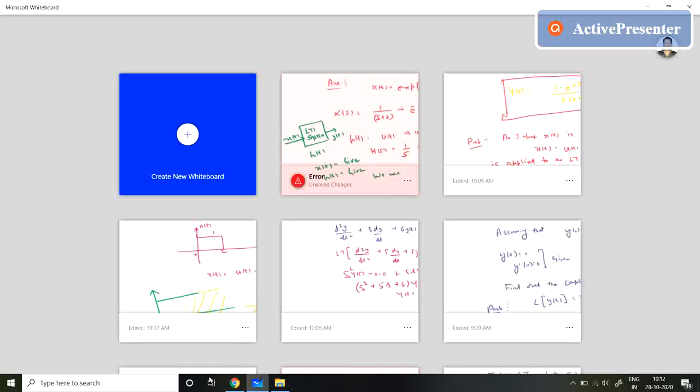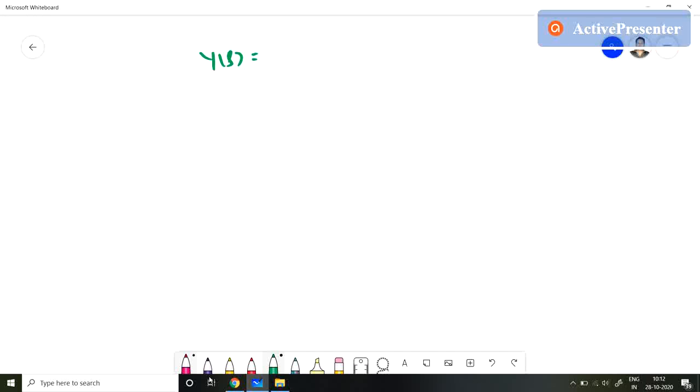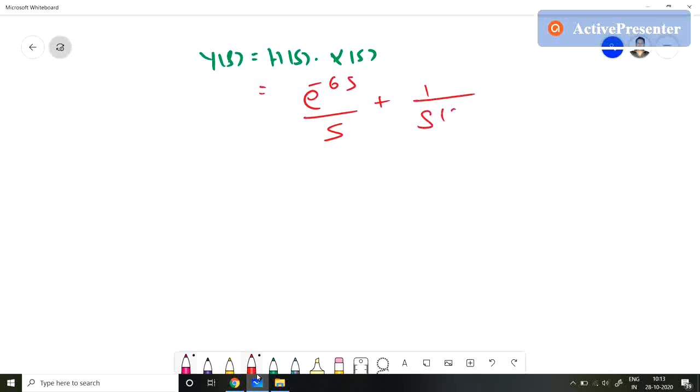So that Y(s) is H(s) multiplied by X(s), and we can write it as e raised to the power minus 6s divided by s plus 1 divided by s plus 2. So this is Y(s).